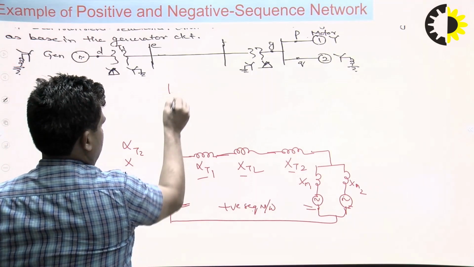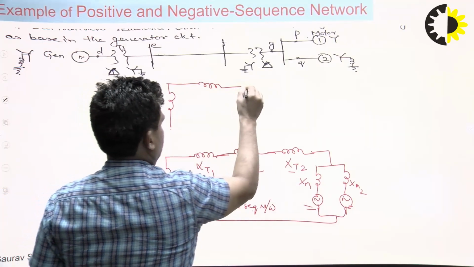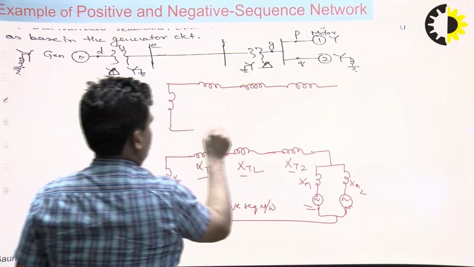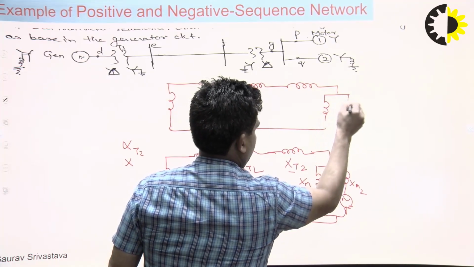Okay, so just using this voltage EMF as discussed, in negative and zero sequence the voltage source is not used.